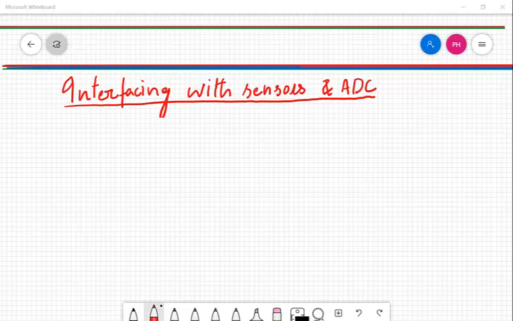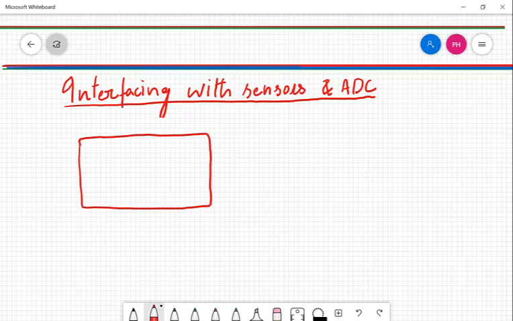Let us assume that we have to monitor the temperature of a particular part using a particular machine. We have developed a machine. And then in this machine there's a particular part used.